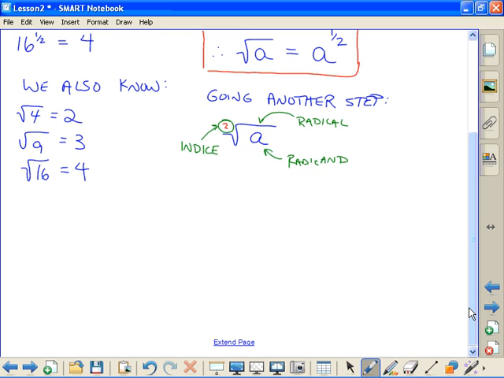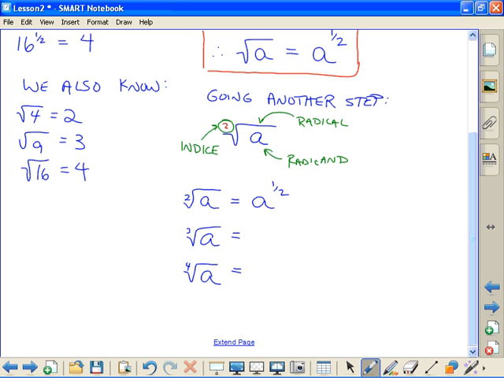So what happens when we have the square root of a, and again, you would never put the 2 in there, cube root of a, fourth root of a. So again, square root of a, we're looking for 2 numbers that multiply to give us a. Well, we just talked about it above. That's the same as 1/2.